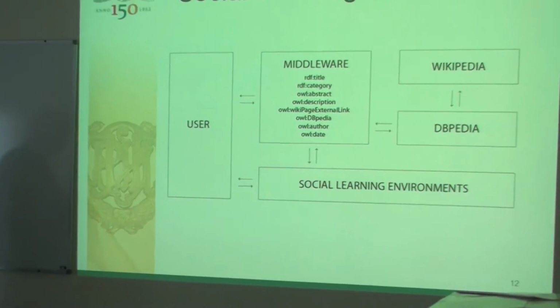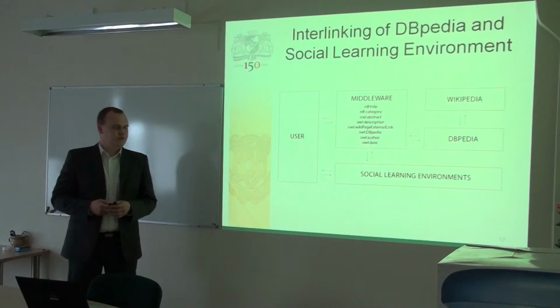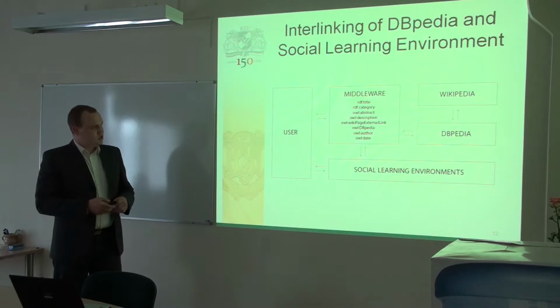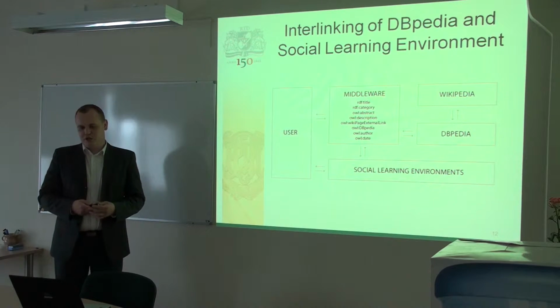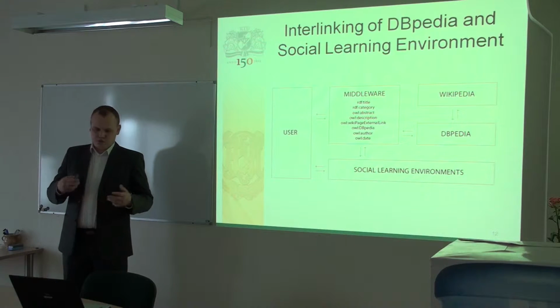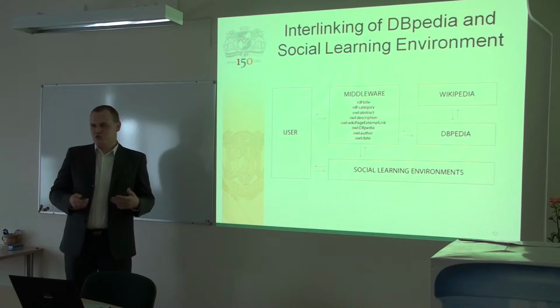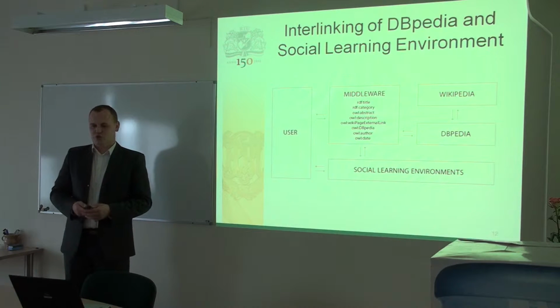Then it's abstract, description, link to external page, as I already mentioned before, so link to the original data source, link to the DBpedia, which is basically the point where we introduce this interlinking, and information about the author and date in order to achieve this reliability of this knowledge asset and description of the knowledge asset.